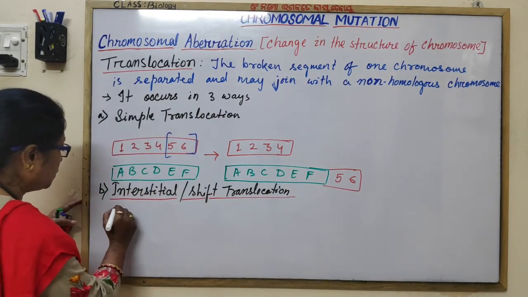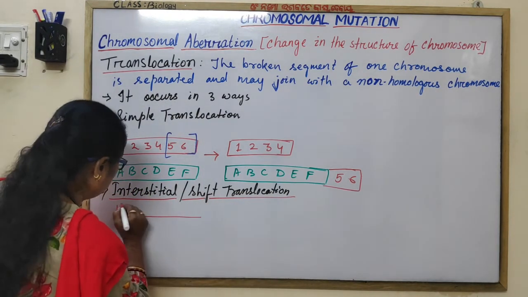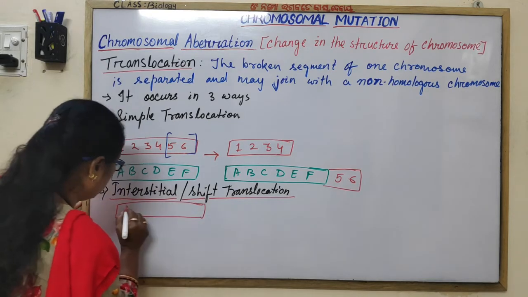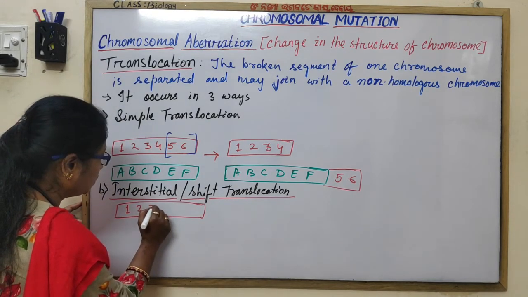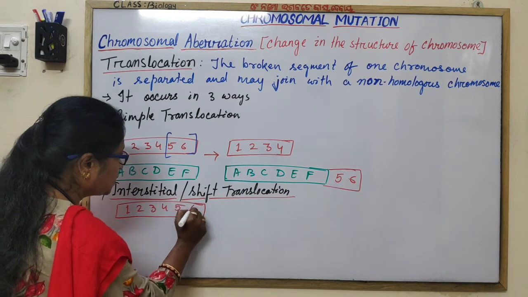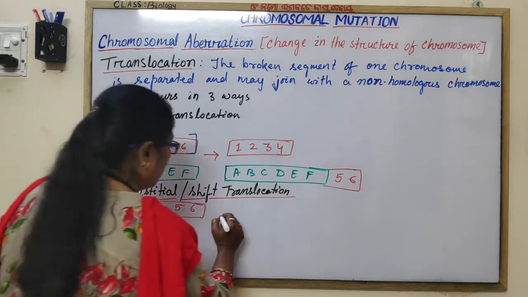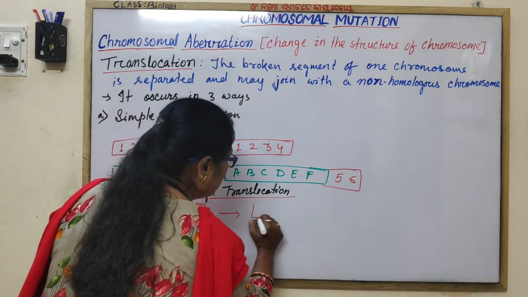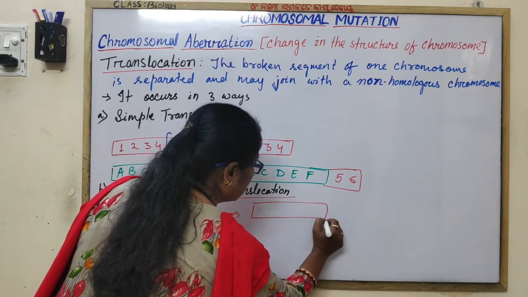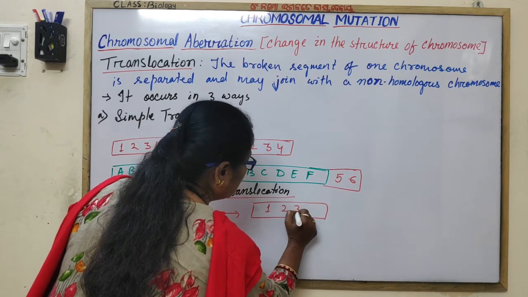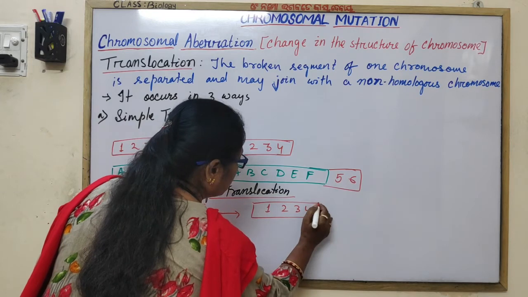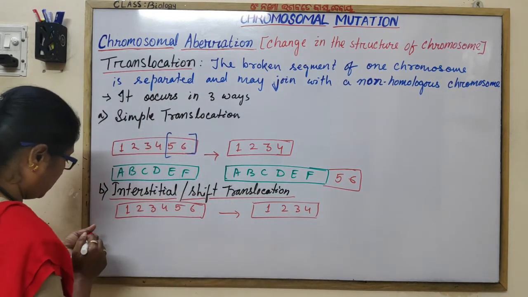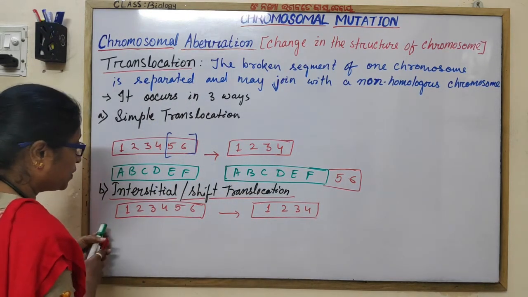Suppose this is 1, 2, 3, 4, 5, 6, and when it is broken, 1, 2, 3, 4 remains.